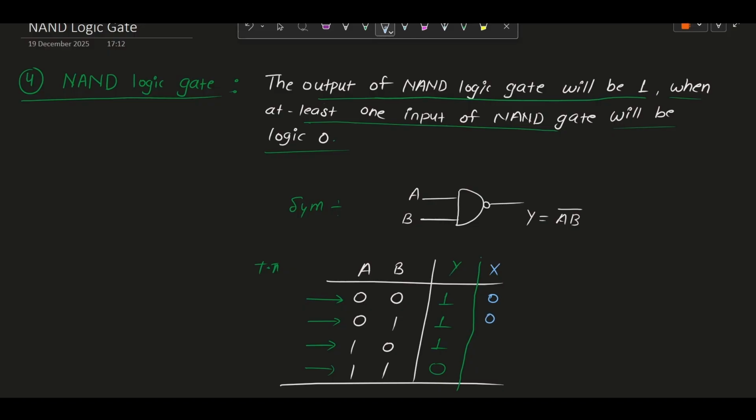Here B is 0, then the output will be 0. And whenever all inputs of an AND gate are 1, then only the output of the AND gate is 1. Now if you observe, this expression is the reverse of this expression. So from here we can conclude one thing: the NAND gate is the inverse of the AND gate only.